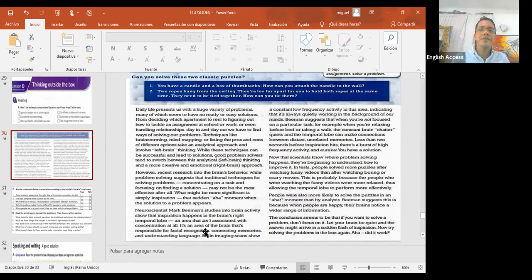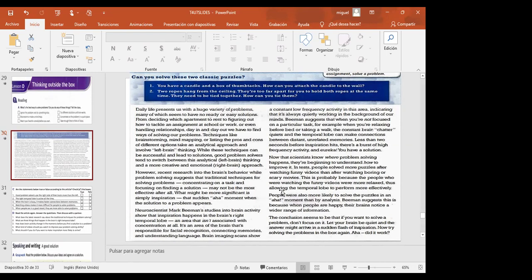In the brain's right temporal lobe, an area that isn't associated with concentration at all. Yeah, because I think they're talking about the right temporal lobe at the bottom, and here at the top, they're talking about the right temporal lobe.